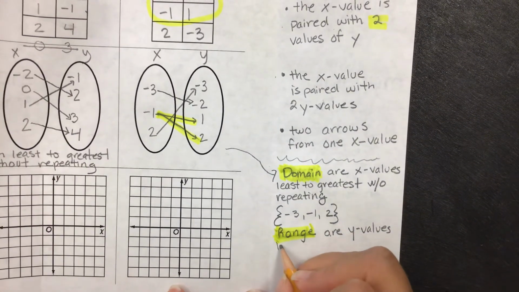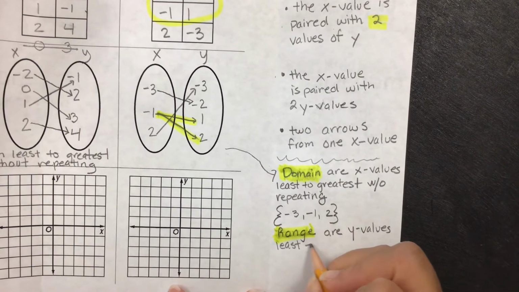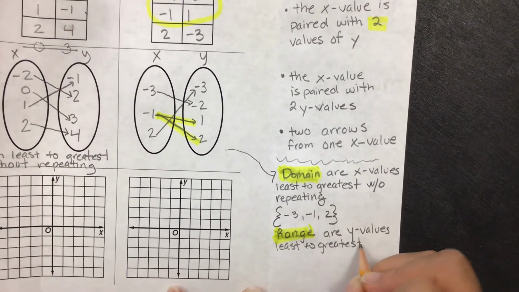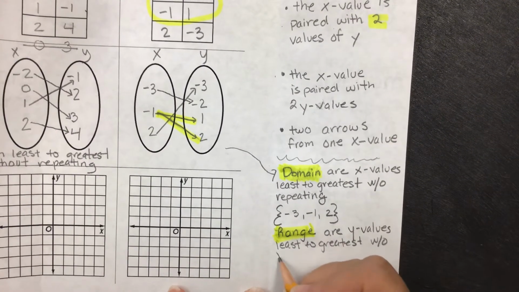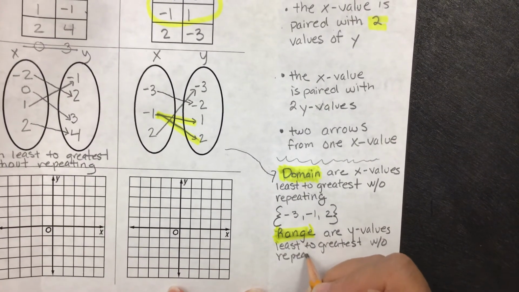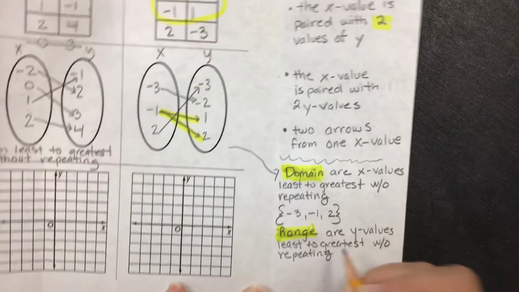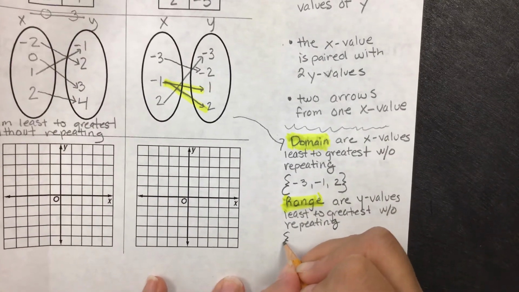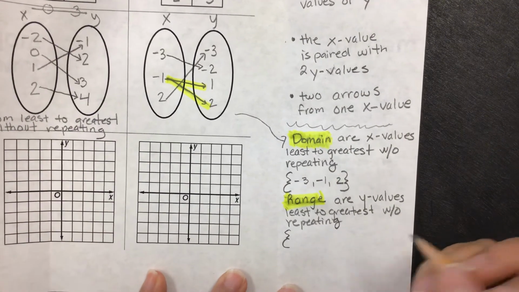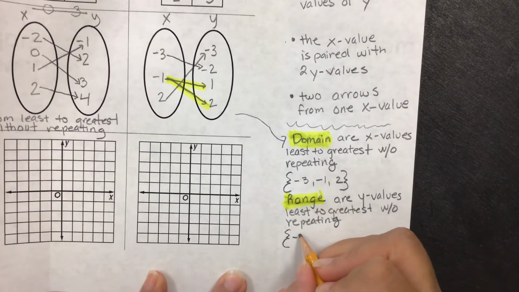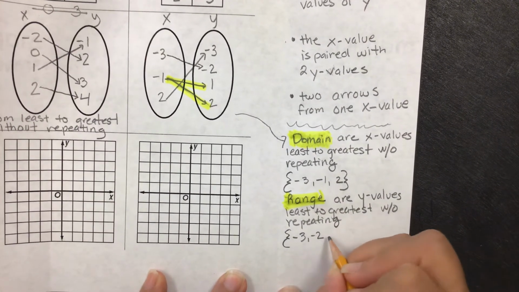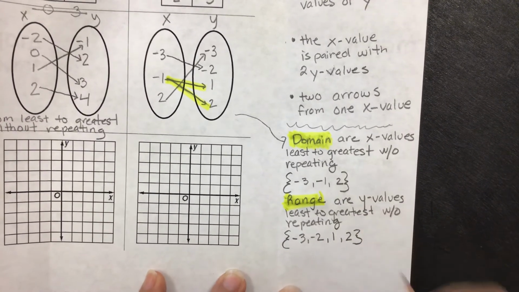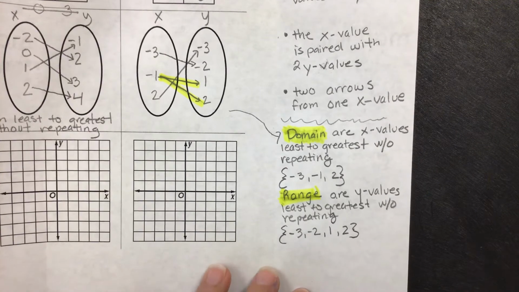This is also from least to greatest, without repeating. It's also with the little brackets. And so this one would be -3, -2, 1, 2. But we're just talking about the y values.